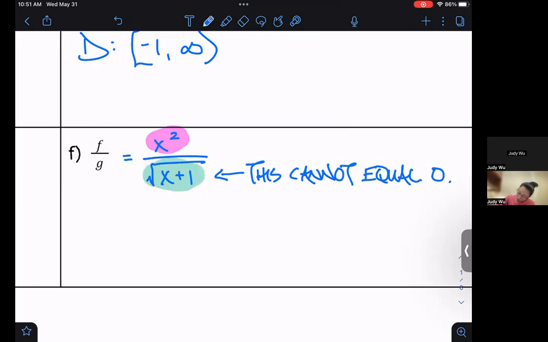So in terms of our domain, we do want to think about -1 to infinity, but this time we can't include -1 because then we'll get a 0 in the denominator. That's not okay. And we don't include infinity. So this time, instead of a bracket, we use parentheses, -1 to infinity.